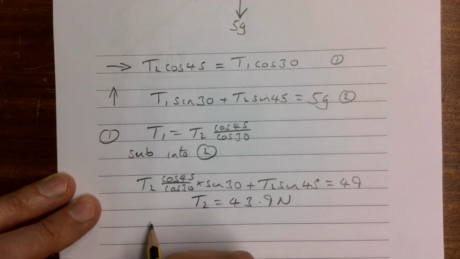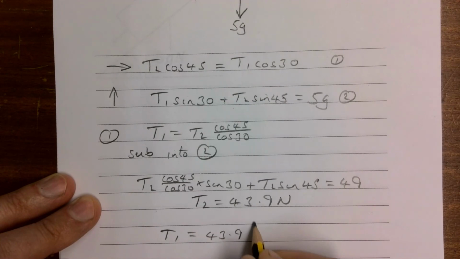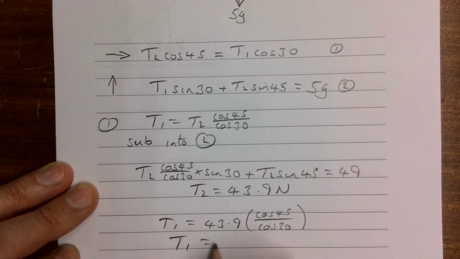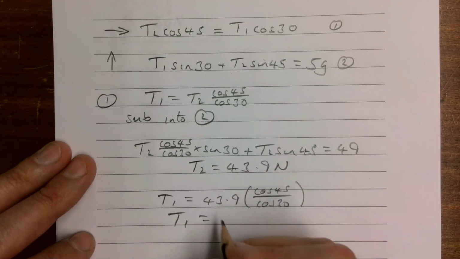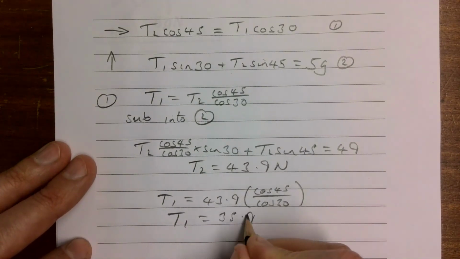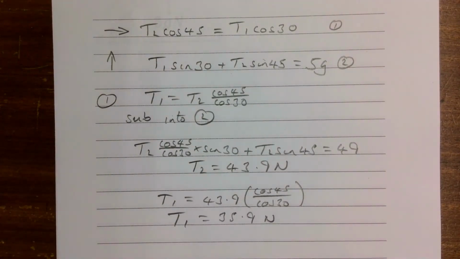So we sub it into here and we will get T1 is equal to 43.9 upon cos 45 over cos 30, and again just a number, plug it into your calculator and you get 35.9 newtons. Hopefully that makes sense.